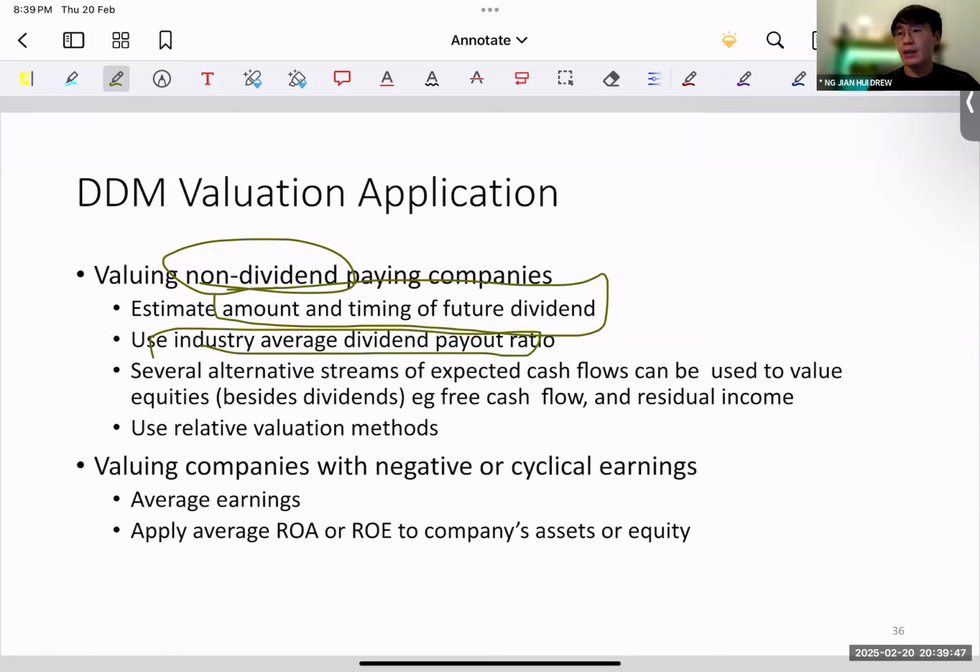They are going to pay in the future, and based on industry, these kind of firms, like let's say banking firm or financial institution firm usually pay high dividends, whether it's 20%, 30%, right? Then you use this for the future. If not, if it does not pay dividends, we can then use the cash flow models, relative valuation, or residual income models.